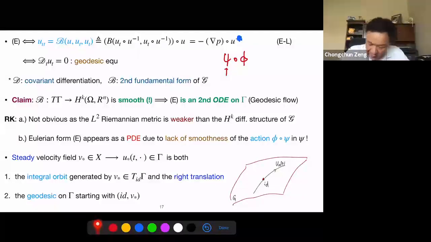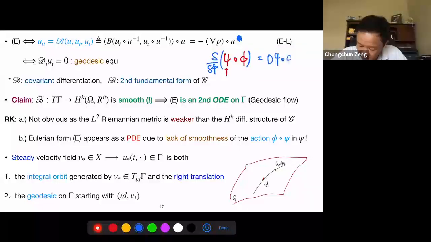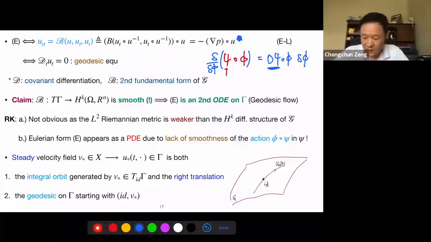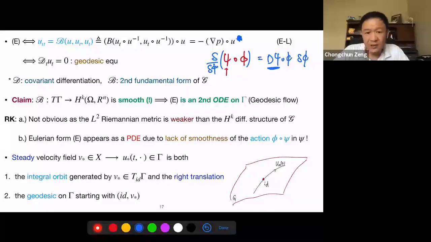But if you take a variation in phi, you would get dpsi composite phi, then acting on d phi. And here you lose one derivative. So the composition is not the best smooth operation you would like in the function space.